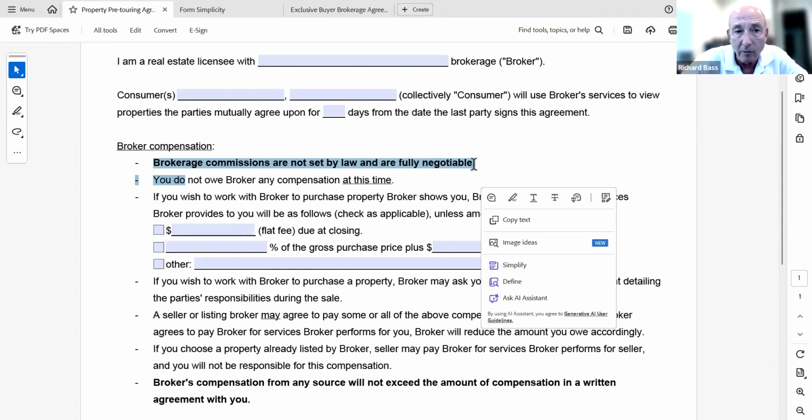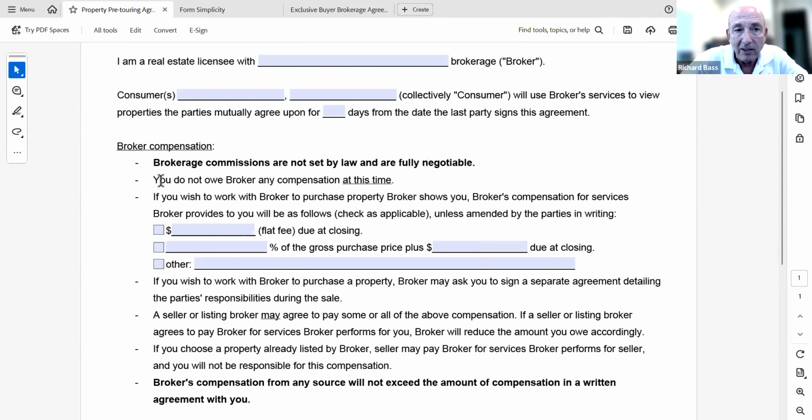That's what the lawsuits were all about last year. It tells them they don't owe us any commission at this time. If you work with the broker to purchase a property that we show you, the broker's compensation for the services will be, and the second box here is what you're going to check and put in what your commission is, plus any transaction fee that you're going to use.